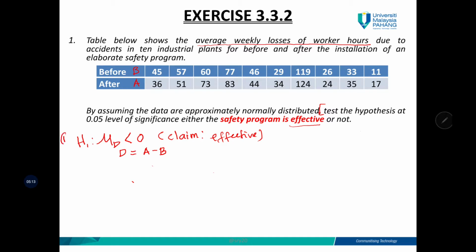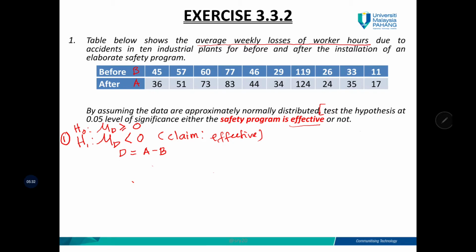So in step 1, H null is mu d greater than or equal to 0. So we complete step 1.